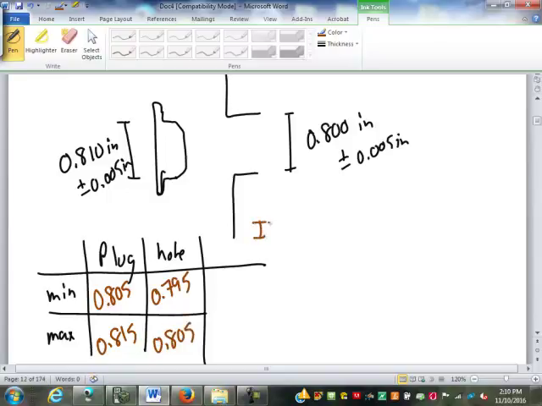805. Now, interference is the amount that the interior object is larger than the exterior object. So in this case, the plug should be larger than the hole.